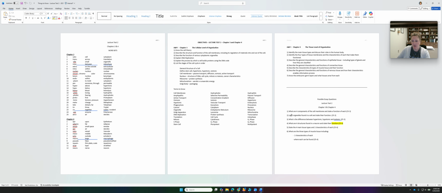So for example, one of our organelles is the mitochondria. And the mitochondria is commonly known as the powerhouse. I will tell you that powerhouse isn't quite enough for a college level, but there are multiple ways that we could give the function of the mitochondria. We could say the mitochondria makes energy for the cell. The mitochondria produces ATP, which is energy for the cell.